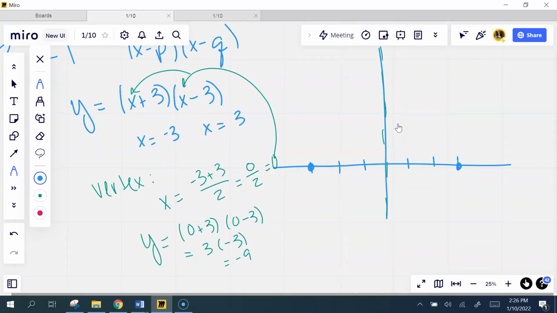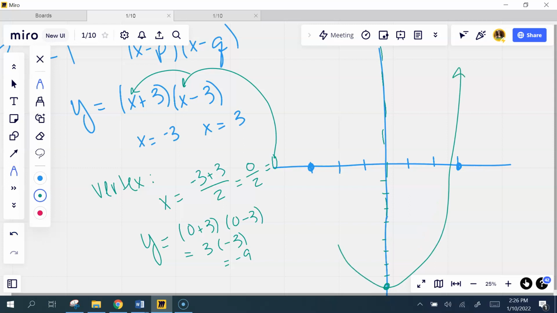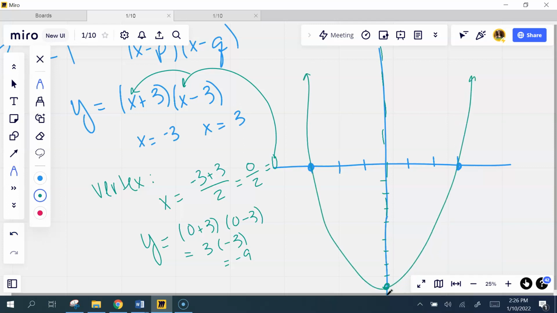So all I'm going to do is come here and go down to 1, 2, 3, 4, 5, 6, 7, 8, 9. And then, of course, just connect my parabola here. Okay, that's a terrible parabola, but just so you get the idea here. There we go. Much better.